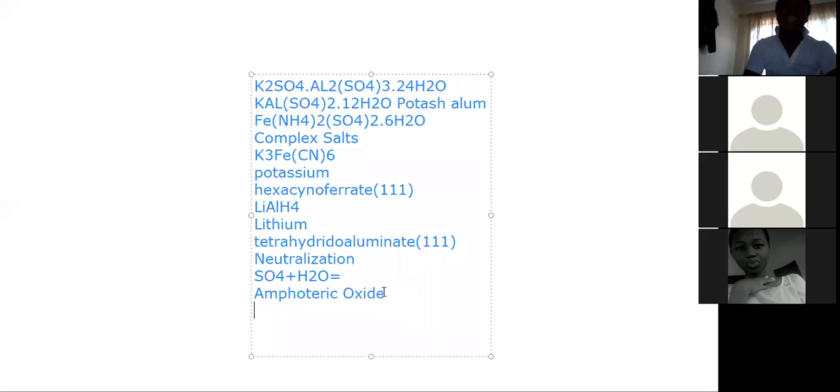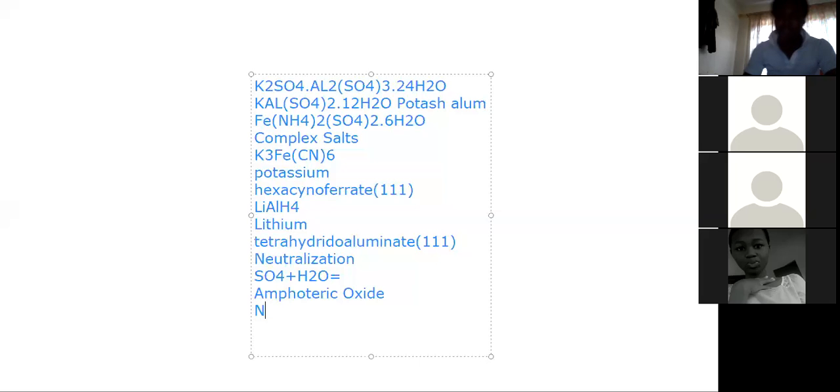Some examples of peroxides: sodium peroxide. Normally sodium peroxide is Na2O2.